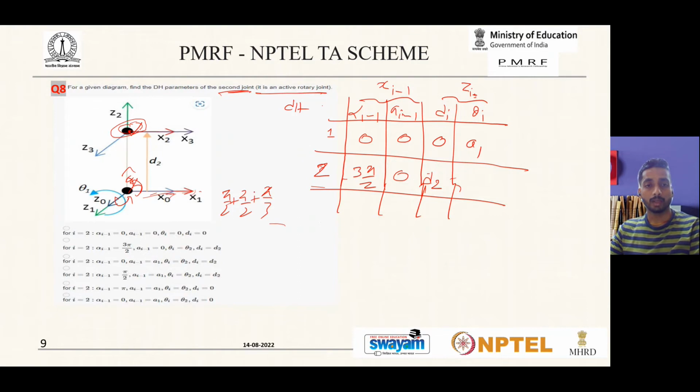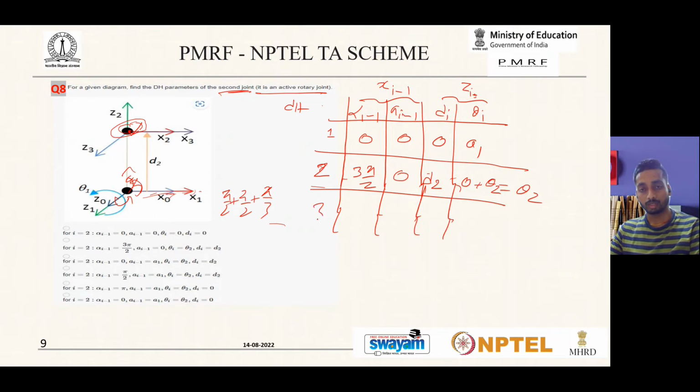So theta is nothing but the angle measured along Z2 between X2 and X0. Initially it is parallel, so this is 0, but it can be rotated. Suppose this is theta 2. So this is for joint 2.